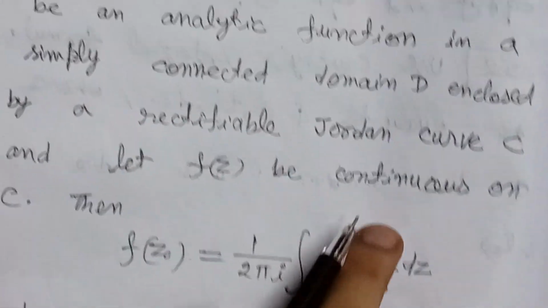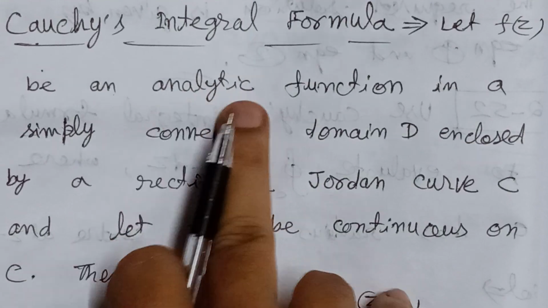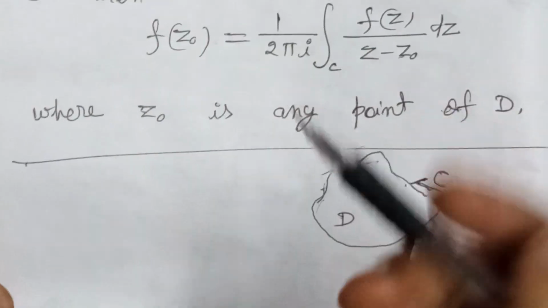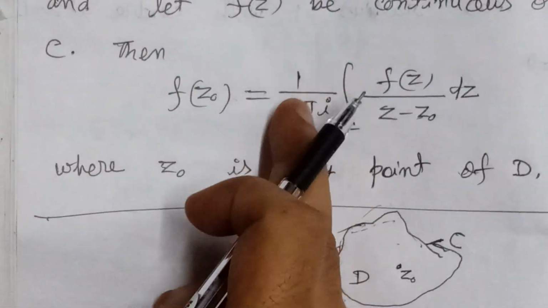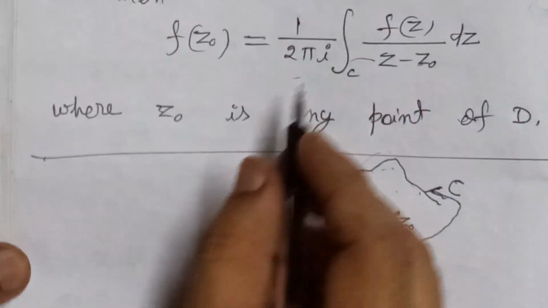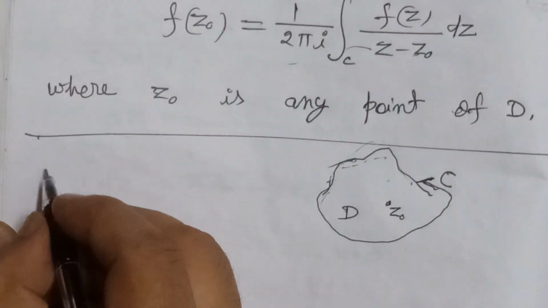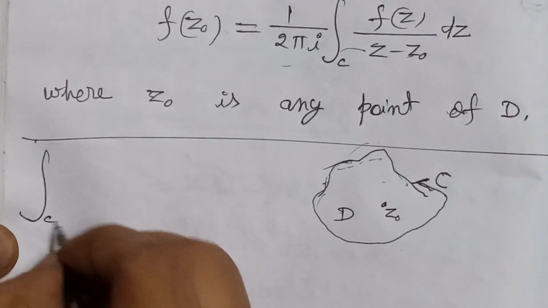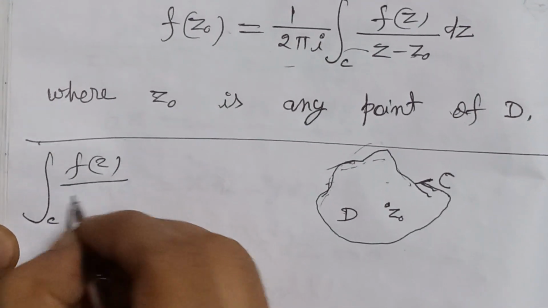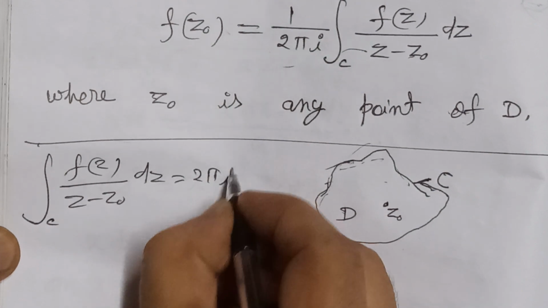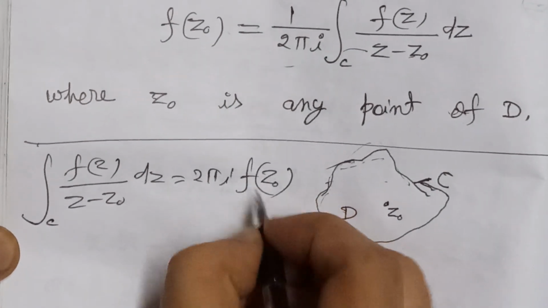And the property of f(z) is that it is an analytic function in the simply connected domain D. So we can write this as, by multiplying 2 pi i on the left hand side, we get the integration of f(z) upon (z minus z naught) dz is equal to 2 pi i f(z naught).